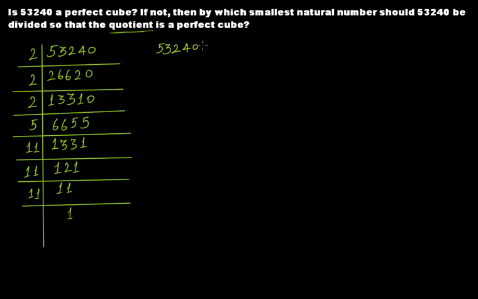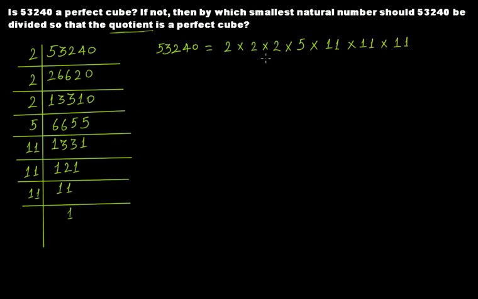So if you express 53,240 in terms of its prime factors, then it becomes 2 multiplied by 2 multiplied by 2 multiplied by 5 multiplied by 11 multiplied by 11 multiplied by 11.